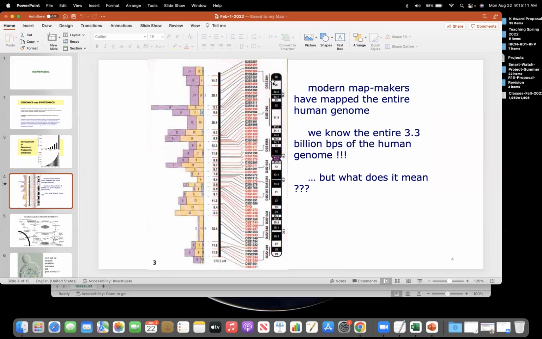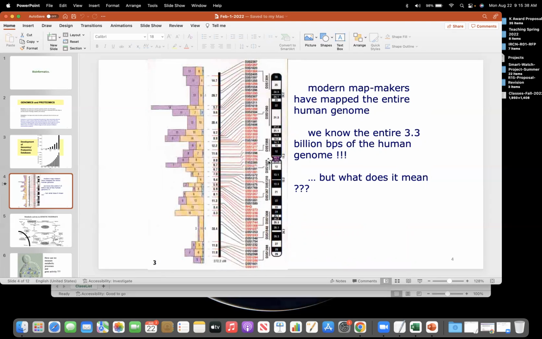So the black structure here is, as you know, a chromosome, right? So it's a chromosome, and on this chromosome, they have marked some numbers here, right? These numbers are locations, and these are the locations for the base pairs where you know that there is a gene, right?